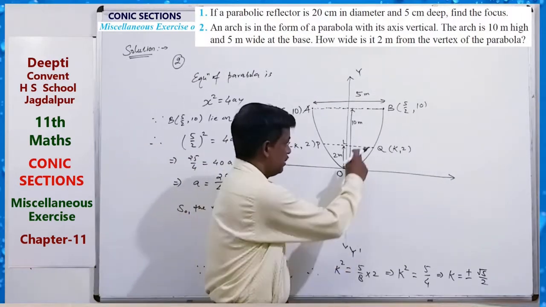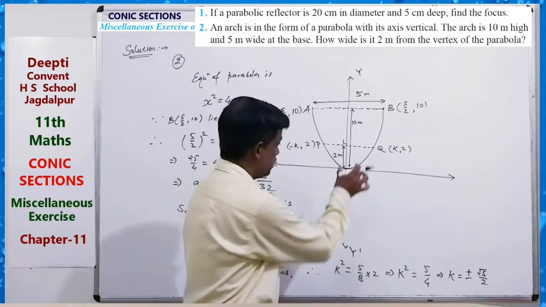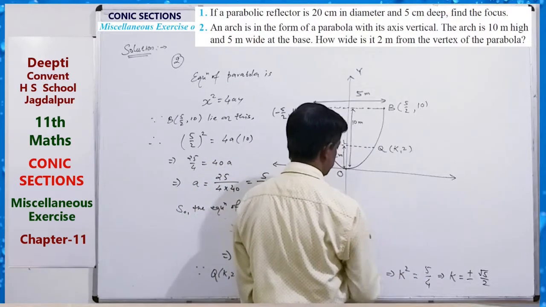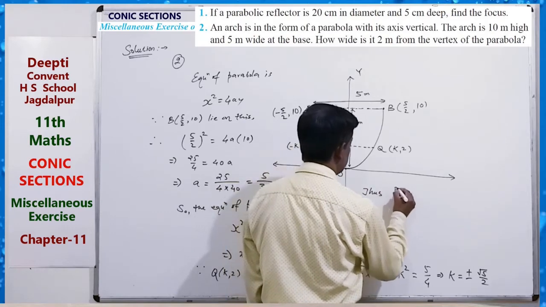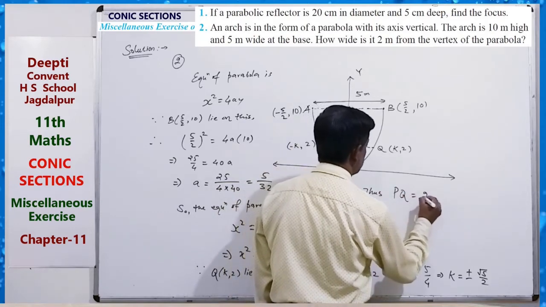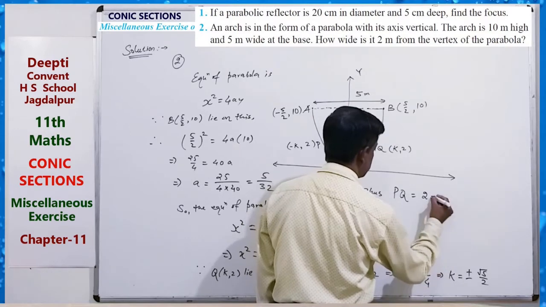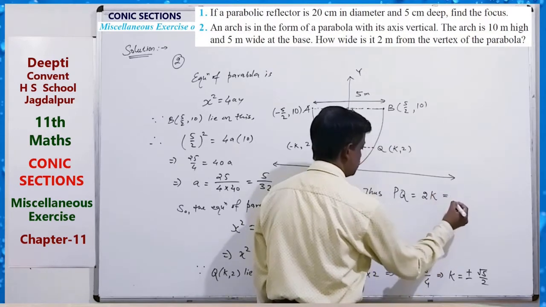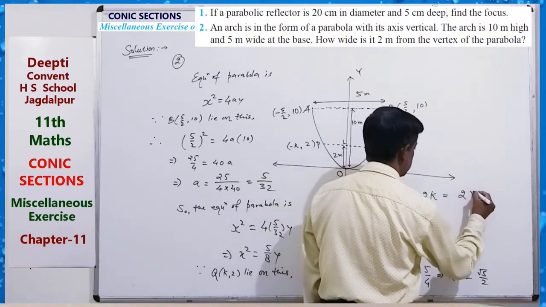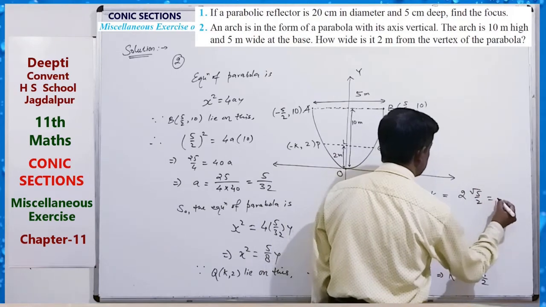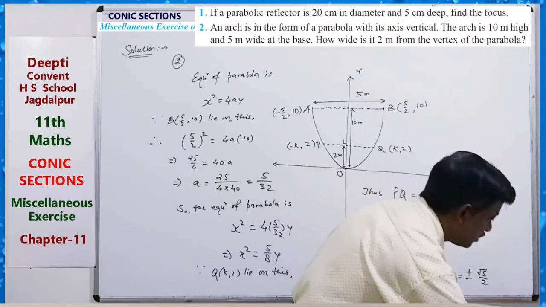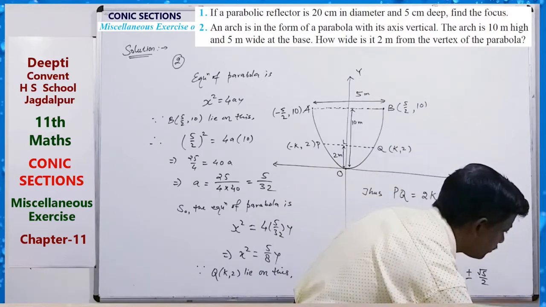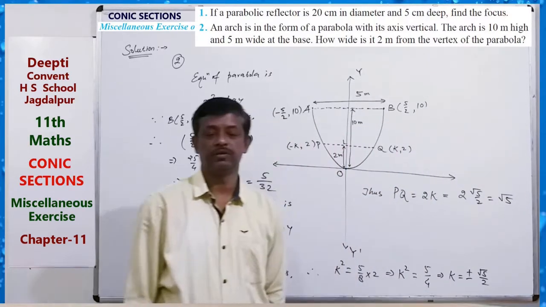Now, this K is equal to root 5 by 2. Thus PQ equals 2 times K, equals 2 into root 5 by 2, equals root 5.